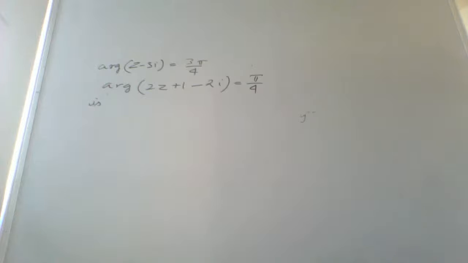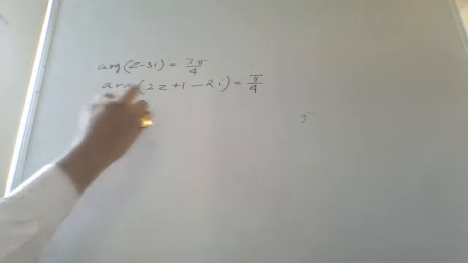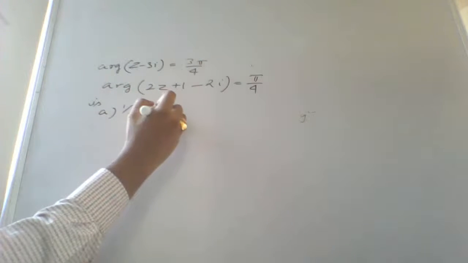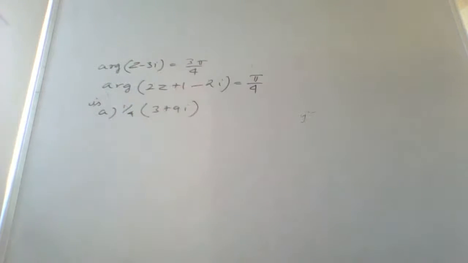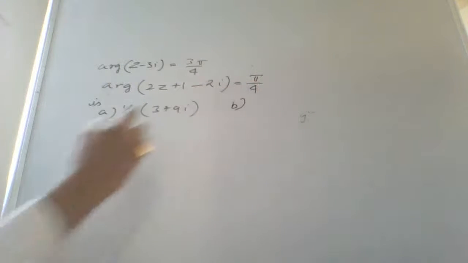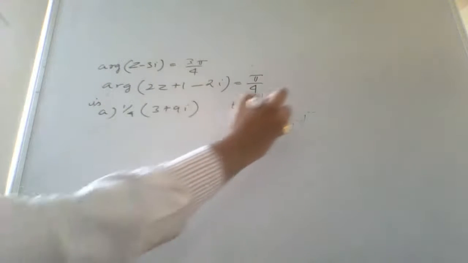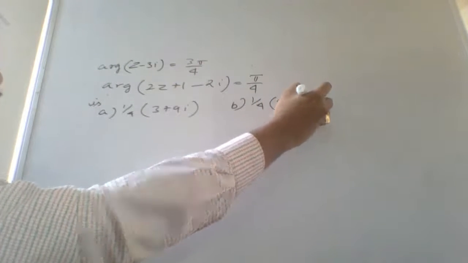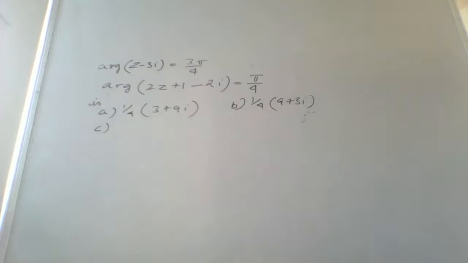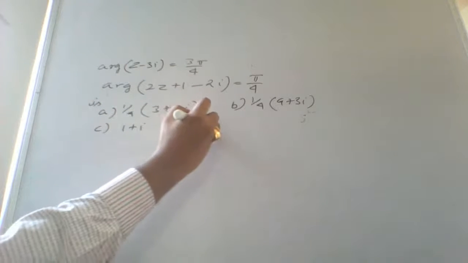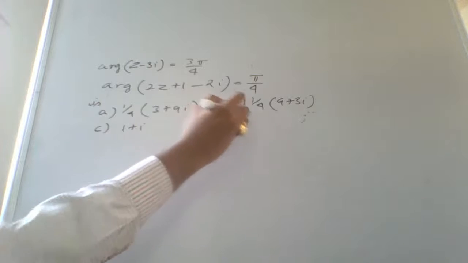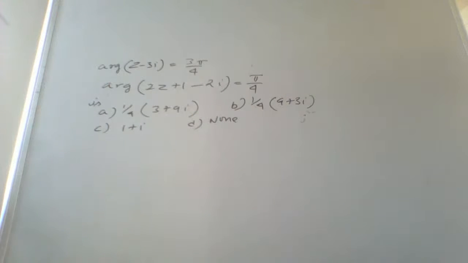Let us see that. The choices are given as 1 by 4 of (3 plus 9i), another choice which is 1 by 4 of (9 plus 3i), another choice which is 1 plus i, and none. Let us find the point of intersection for these.